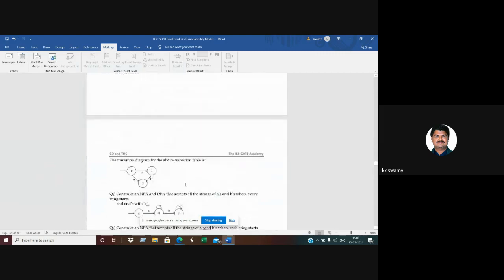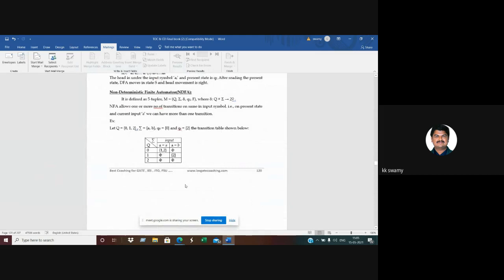In NFA and DFA, what is the difference? In NFA, no need to follow any rules. We can use some symbols, or more than one symbol from any state. That means there are no restrictions on the transitions. But if it comes to the DFA, there are some restrictions.